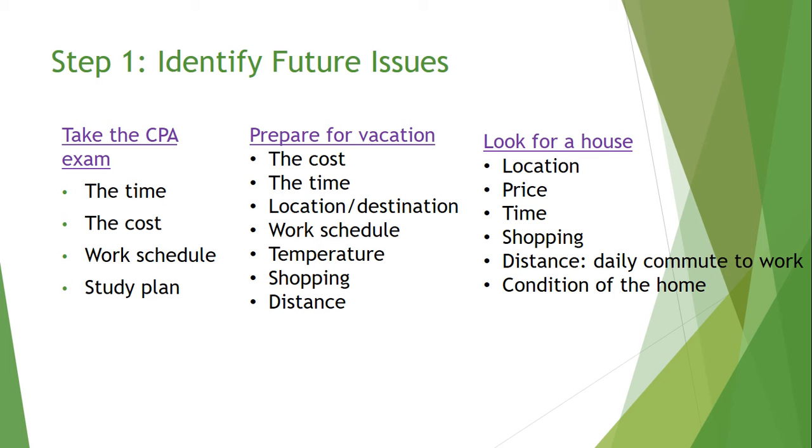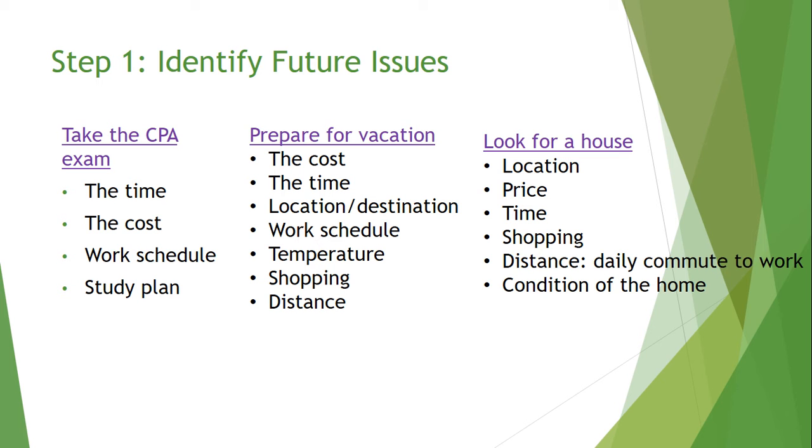Then, to prepare for the vacation, again, the cost is a very important piece of information. To go on a vacation, he needs to take time off, needs to figure out a location and destination. Again, he needs to know what his work schedule is going to be like.